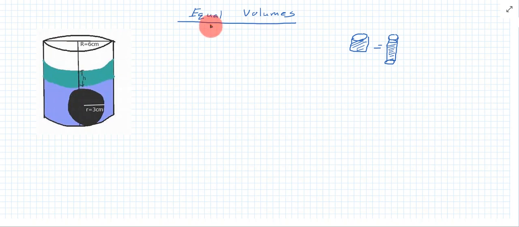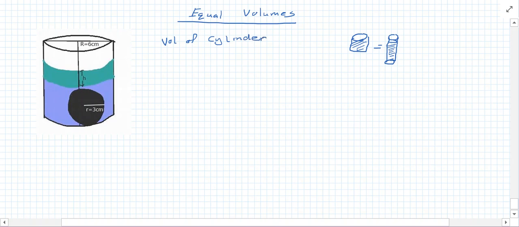So in this case, we can use this idea of equal volumes. If we remember, the volume of a cylinder is equal to pi r squared multiplied by height.